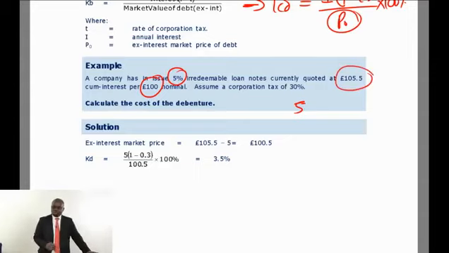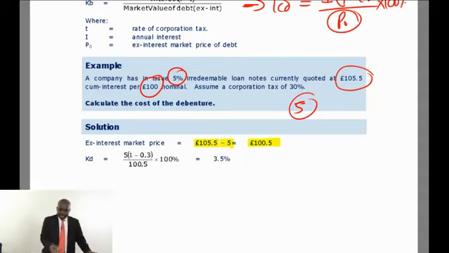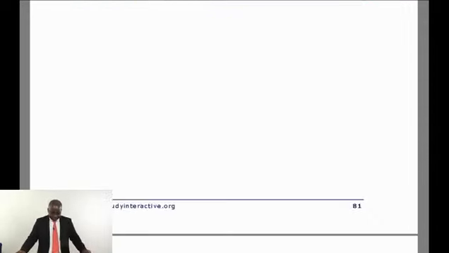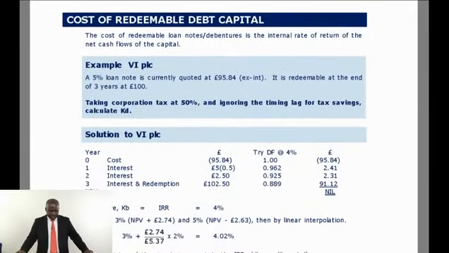The market price is quoted cum interest, so I have to knock the 5 off to get the X interest price. Your cum price is 105.5 minus the interest, which gives you the X interest. Then the interest of 5, times 1 minus the tax rate of 30%, divided by the X interest market price, multiplied by 100, is basically 3.5%.